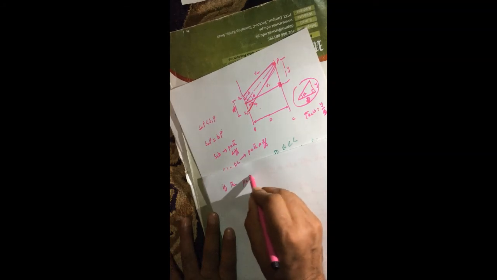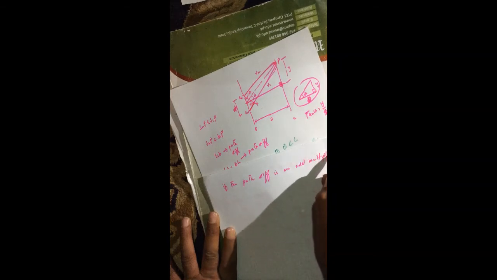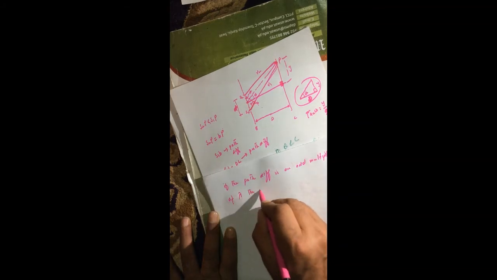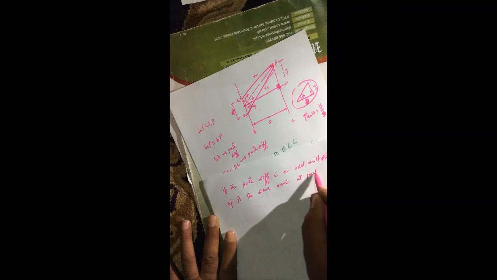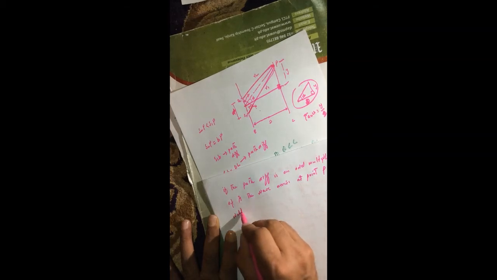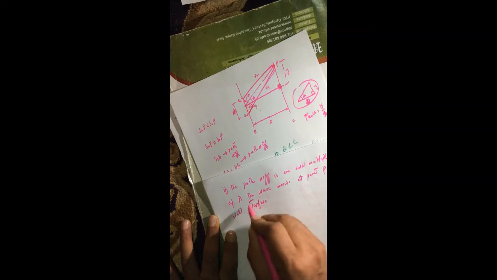Now we already discussed before, in our previous video, that if the path difference is an odd multiple of half wavelength, then the waves arriving at point P will interfere destructively.